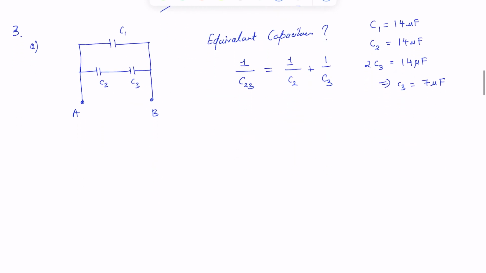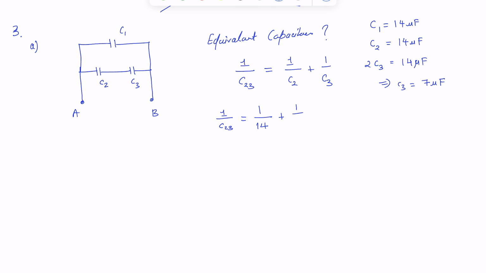Alright, so 1 over C23 will be equal to 1 over 14 plus, keeping in mind that all these capacitance values are in microfarads, so C23 will also come out in microfarads.